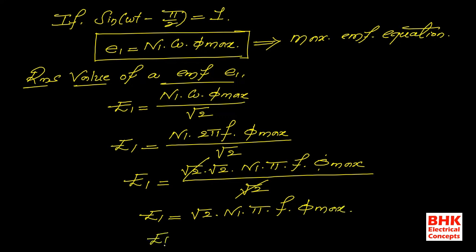And we know that E1 is equal to root 2 into N1 into pi, where the value of pi is 3.14, f is always f, and this one is phi max. If I multiply root 2 into 3.14, you will get 4.44. So I am directly multiplying that value.